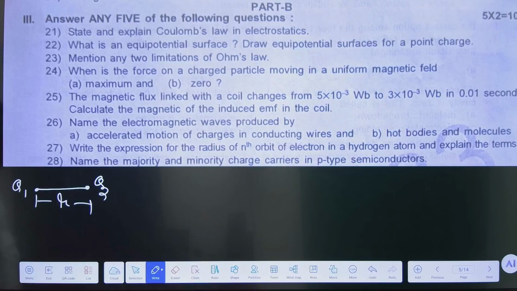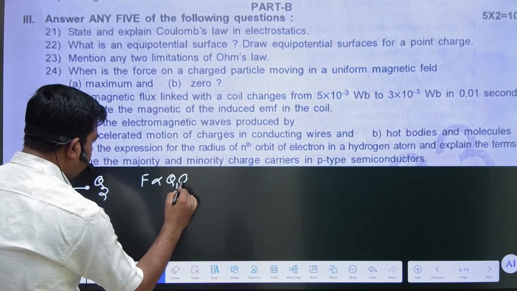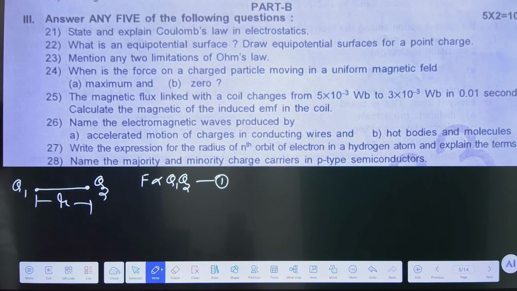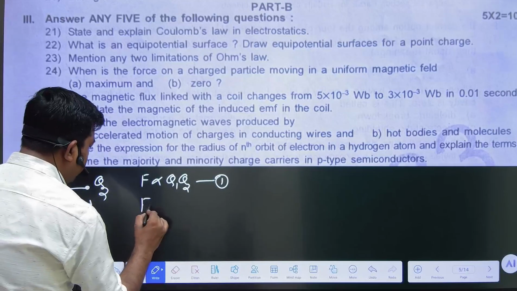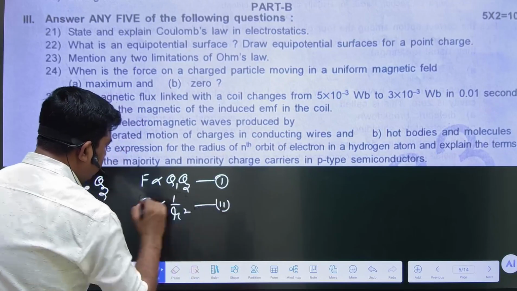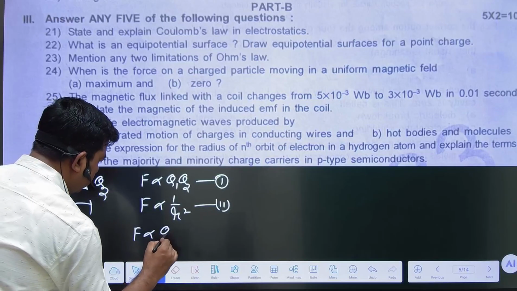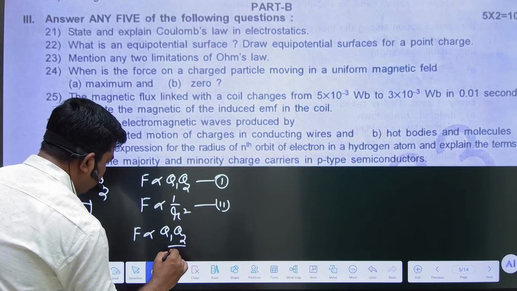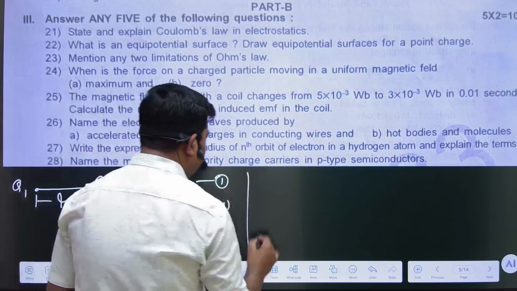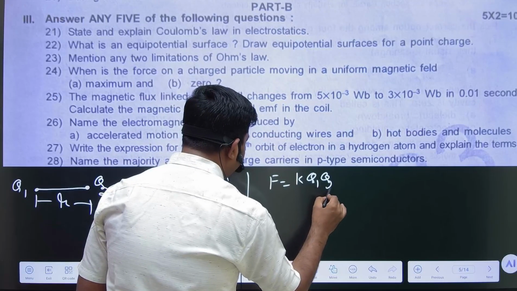So according to this law, the force of attraction or repulsion between any two static point charges is directly proportional to the product of the magnitude of the charges and inversely proportional to the square of the distance between the charges. From the first equation and second equation we write F is proportional to Q1 Q2 by R square, and when we remove the proportionality sign, we take a constant. So here F is equal to K Q1 Q2 by R square.